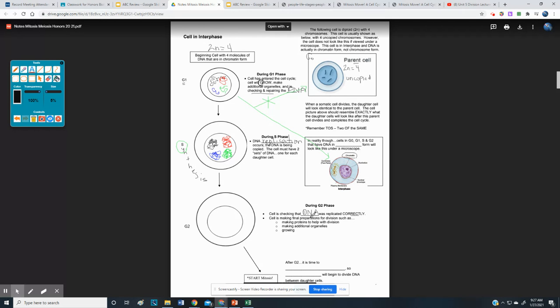Imagine I give you an essay that is 4 billion letters long. And I asked you to copy that essay word for word, letter for letter. Do you think you might misspell a word or leave out a letter or leave out a word if you had 4 billion letters to copy? Well, that's what the cell has to do.